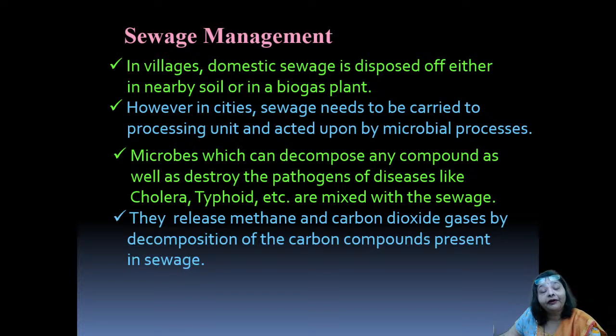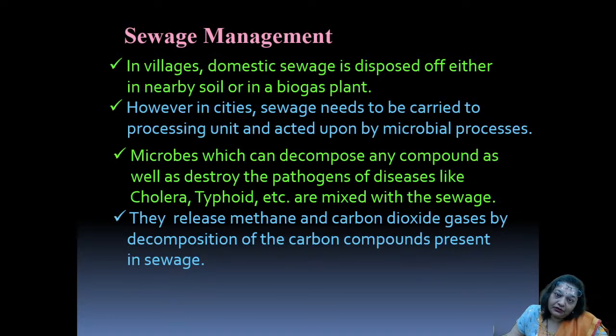Next, let us see about the management of sewage. Now, sewage, you all know, has to be managed in a very proper manner. In villages, generally, the domestic sewage is disposed of either in the nearby soil, that is in the fields, agricultural fields, or in a biogas plant, right?